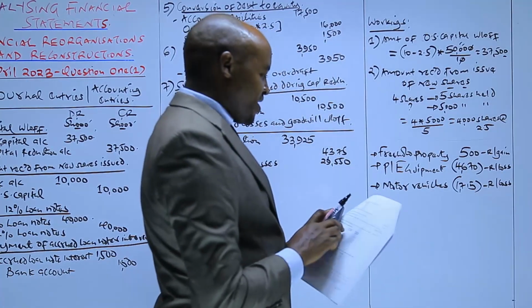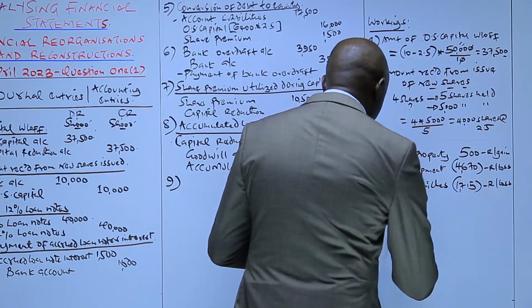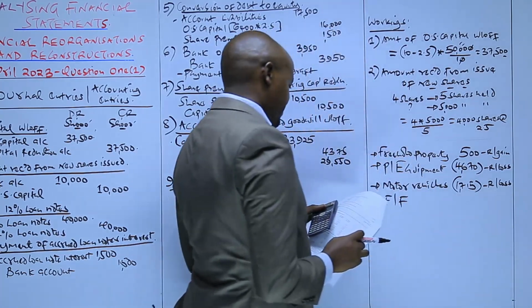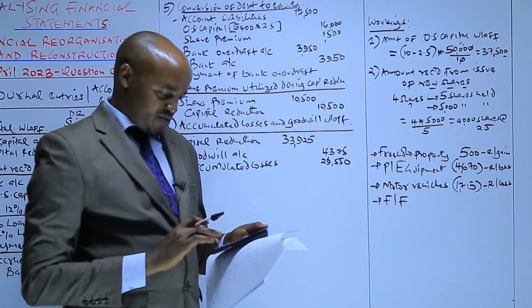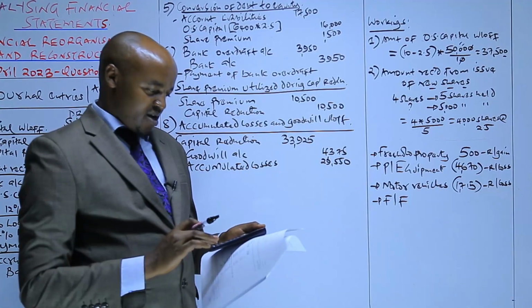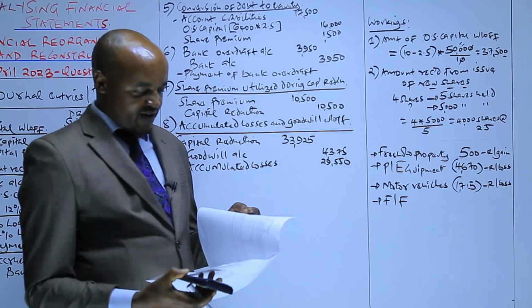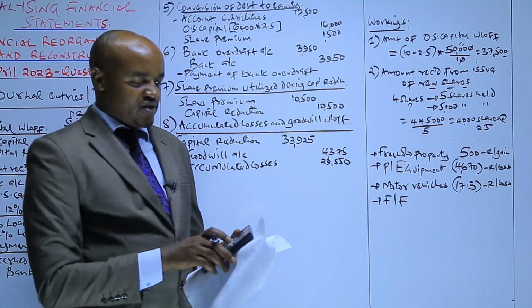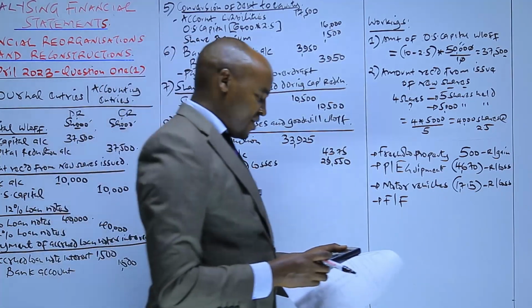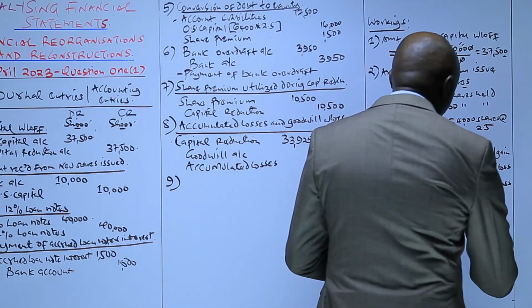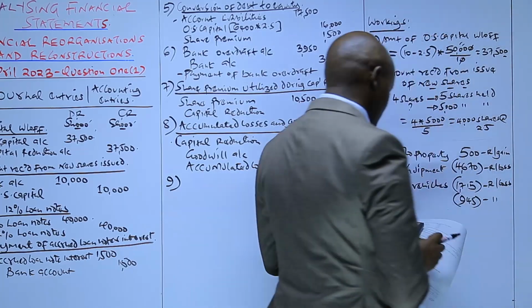So we do the same for fixtures and fittings. The fair value for fixtures and fittings as per note number 7 was 3,780. What about the carrying amount from the statement of financial position? It was 4,725. Equally, the value for this was revalued downward by 495, which is a revaluation loss.